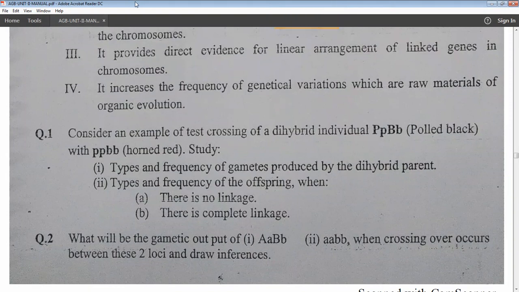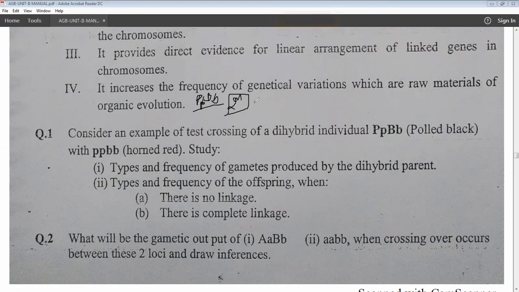If you check the Mendelian ratios or Mendelian dihybrid crosses, we can easily say that this is Pp and Bb. The number of gametes is 2 to the power n.